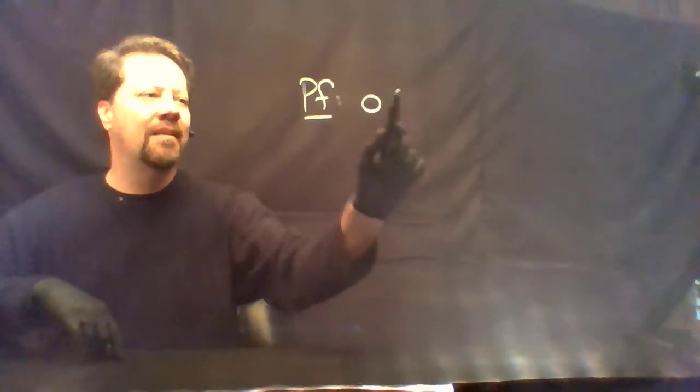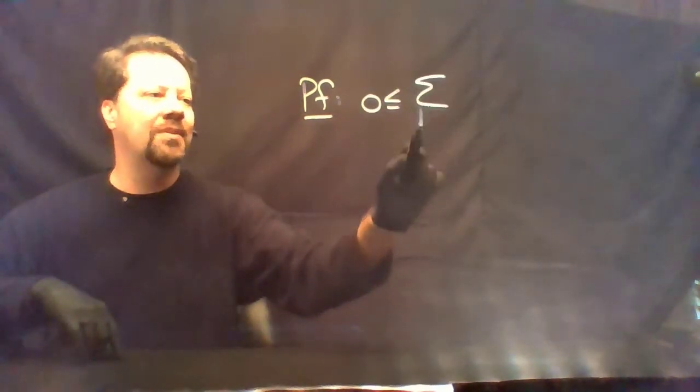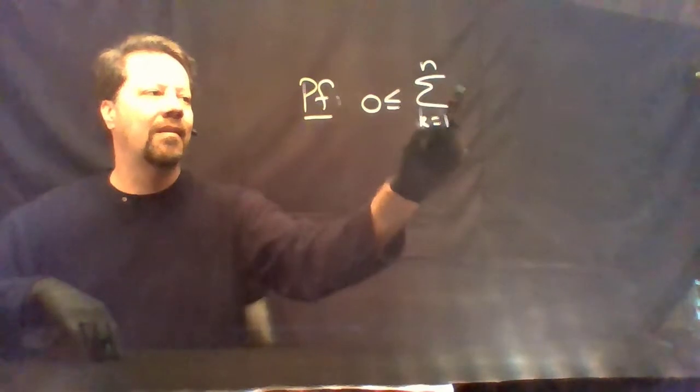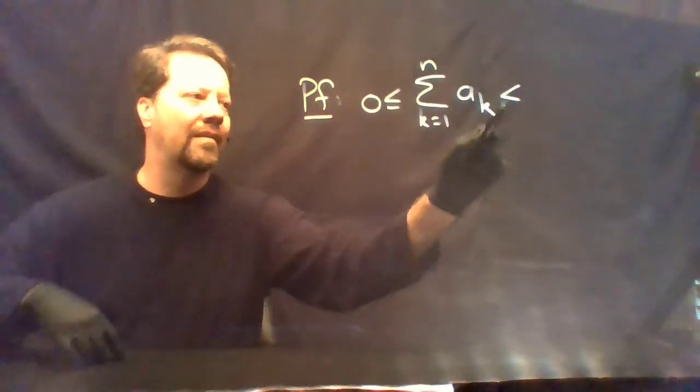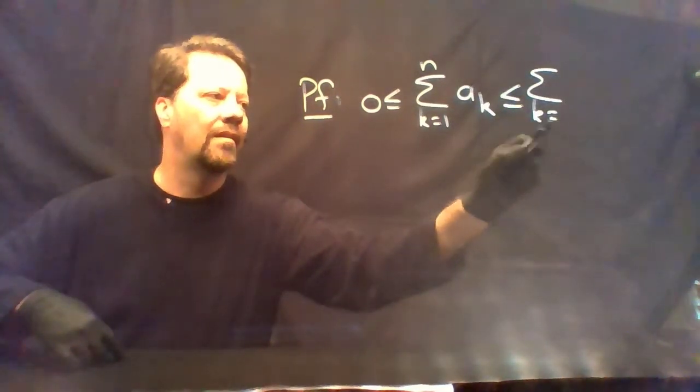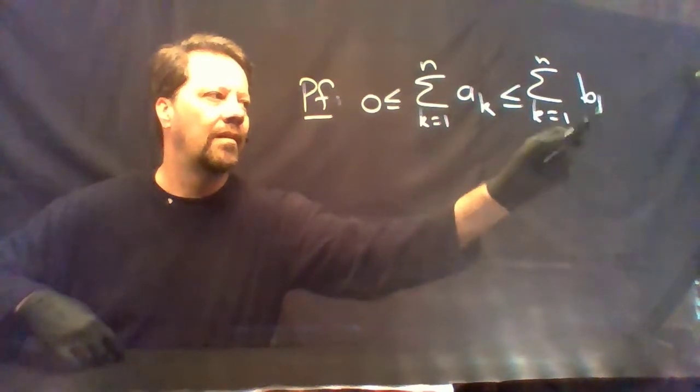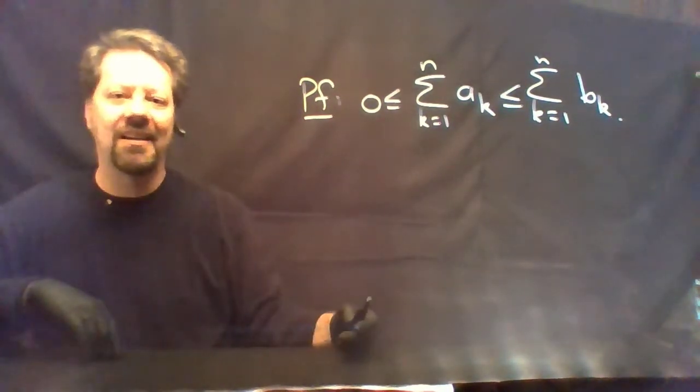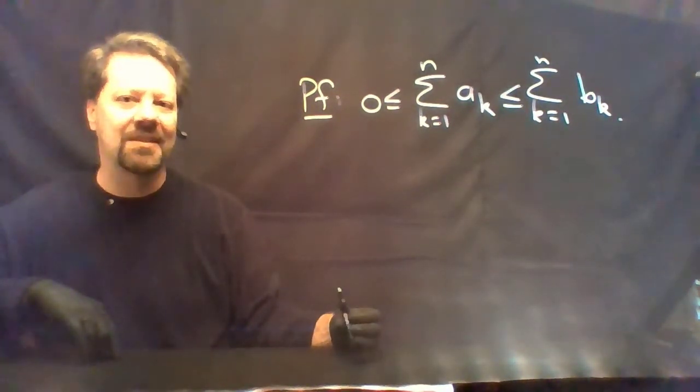The proof goes in kind of an obvious way. We'll form the partial sums, and then we'll look at what happens with these limits.